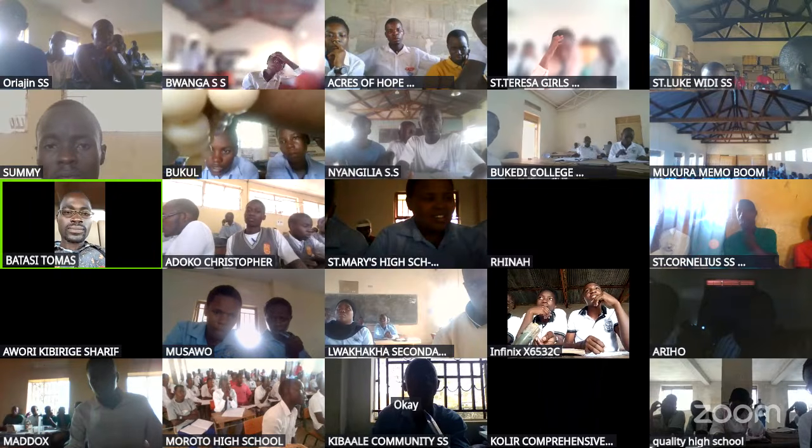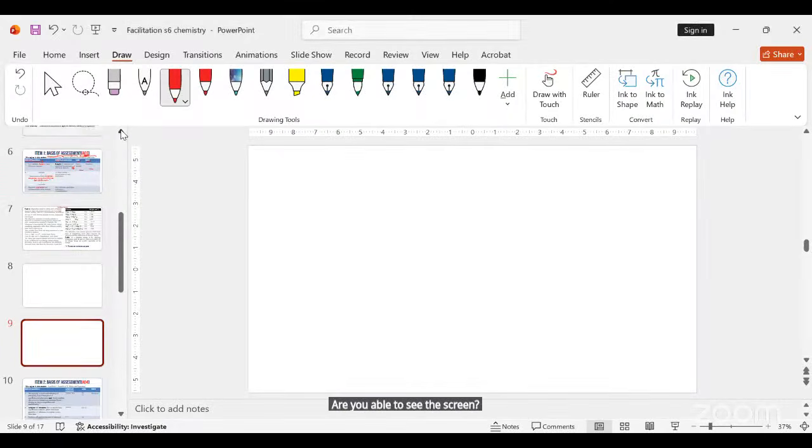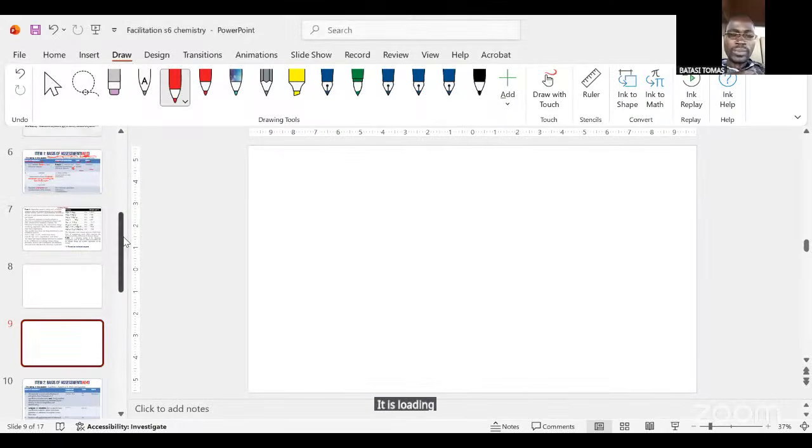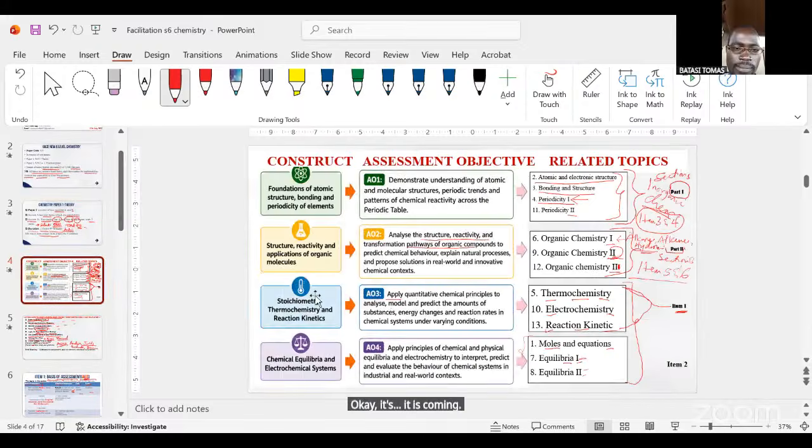Okay. Are you able to see the screen now? It is loading. Okay, it is coming. I'm able to see it.